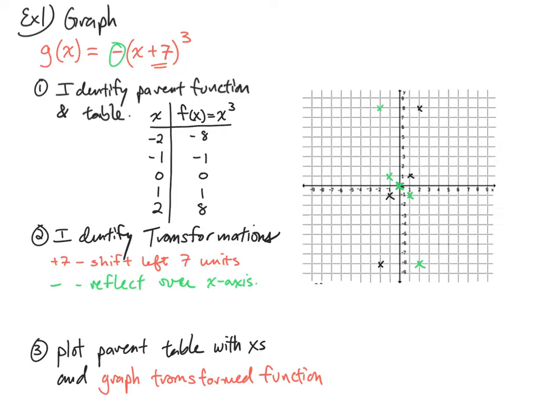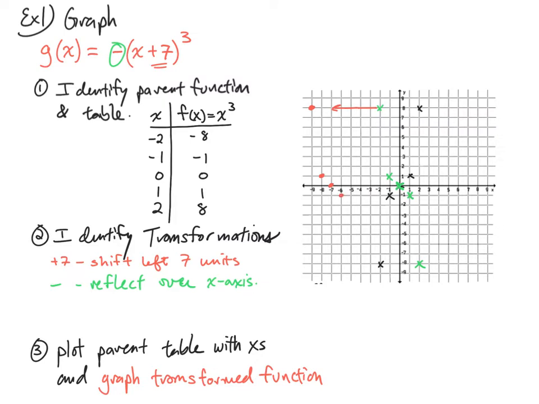The only other thing we have to do now is shift all of the green x's 7 units to the left. So here we go, 7 units left. And again, you don't have to draw the arrows. You can just count 1, 2, 3, 4, 5, 6, 7. Move that left 7. Move that one left 7.